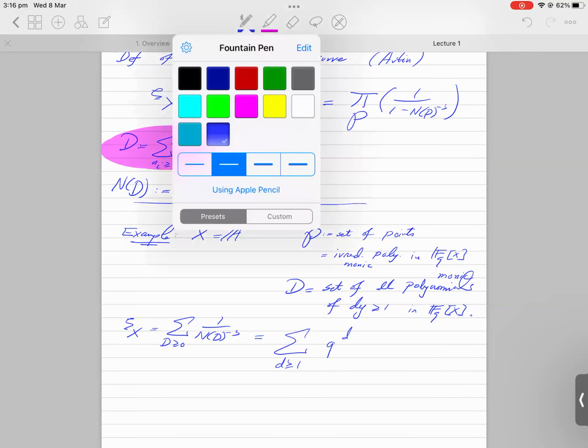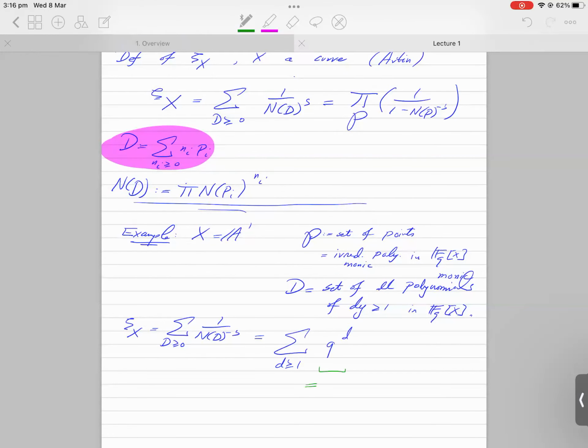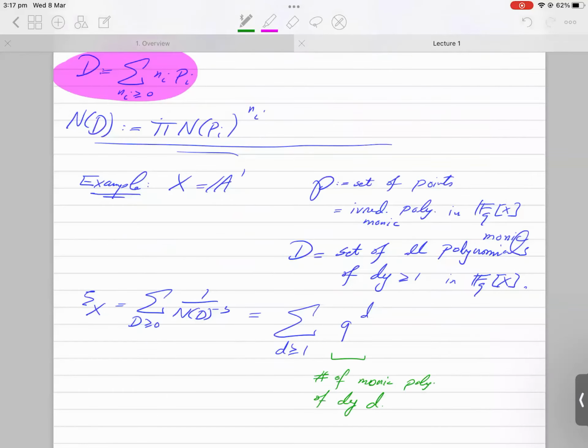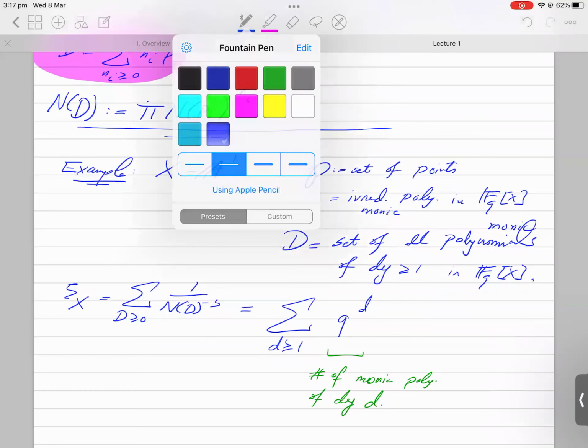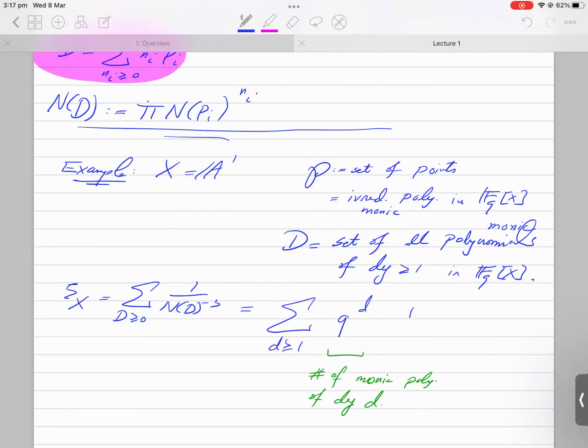This is the number of monic polynomials of degree d. And then I have to multiply by 1 over n. And what is the size of the quotient field? Well, that's q to the d, and then I have to raise it to minus s. Okay, and that's the norm.